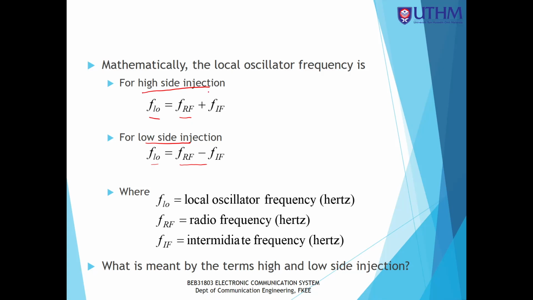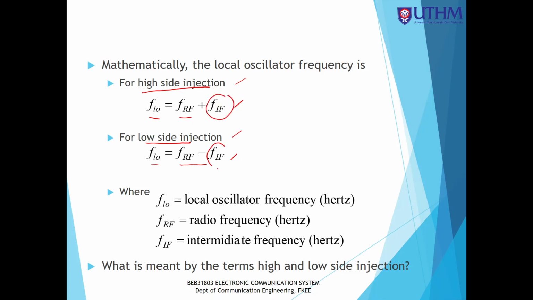Okay, so these two terms we normally use to show whether this is a high side injection or low side injection. If we consider this a high side injection, that means we need to use this equation. If the process is low side injection, we can use this equation. This equation is to find the value of the local oscillator frequency, which is what we want to find.